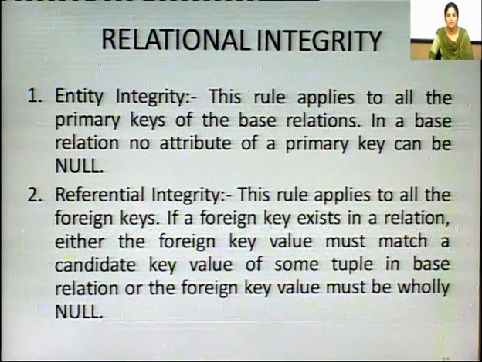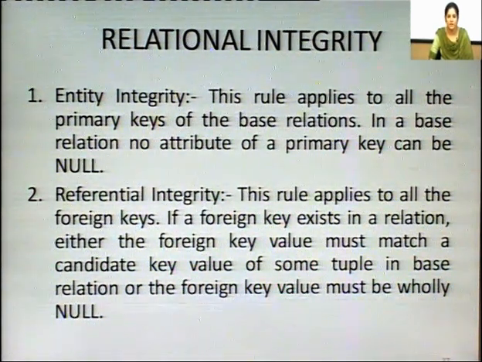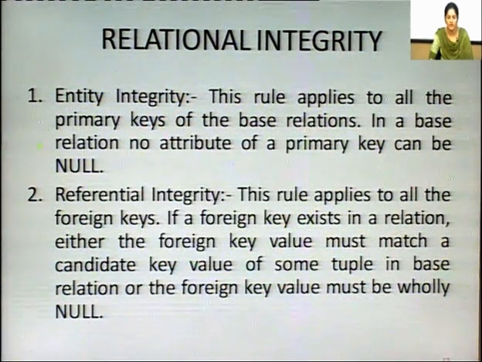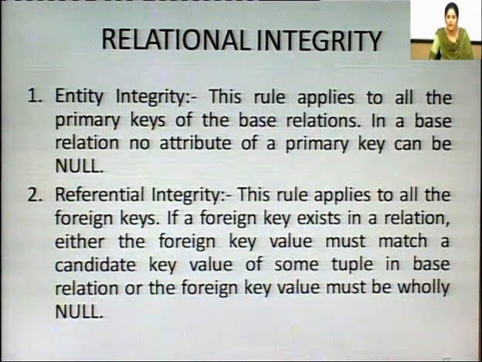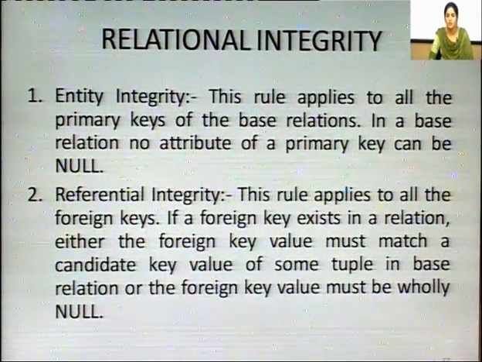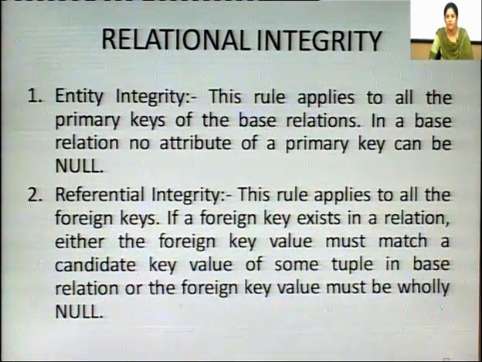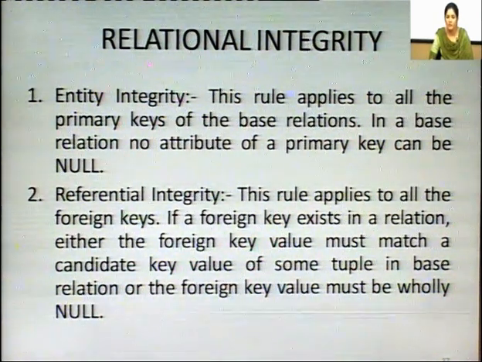Now we will discuss the two integrity rules which are to be used in order to maintain the relational integrity of a particular relation. First of all, entity integrity. This rule applies to all the primary keys of the base relations. Base relation means a relation from which you can derive the values of the foreign key. In a base relation, no attribute of a primary key can be null.